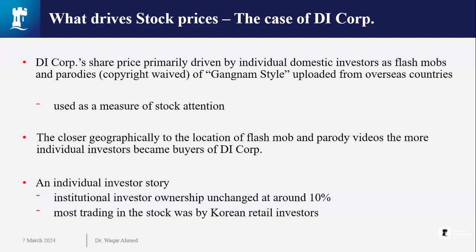What is it about then? It's about individual investors getting to know about the company, liking the song, assuming that the company would also be good, and trading on the company. So if you look at the institutional investors' ownership in this company, that remains unchanged around 10%.